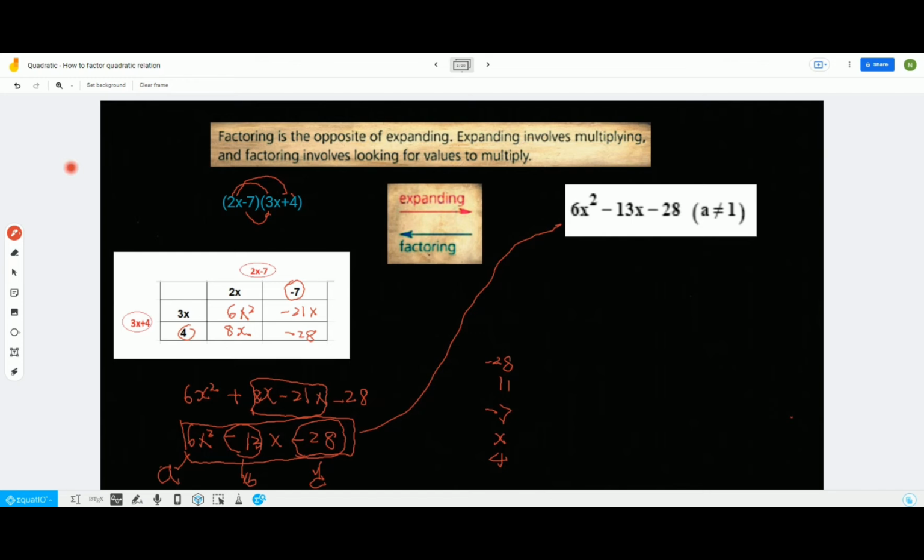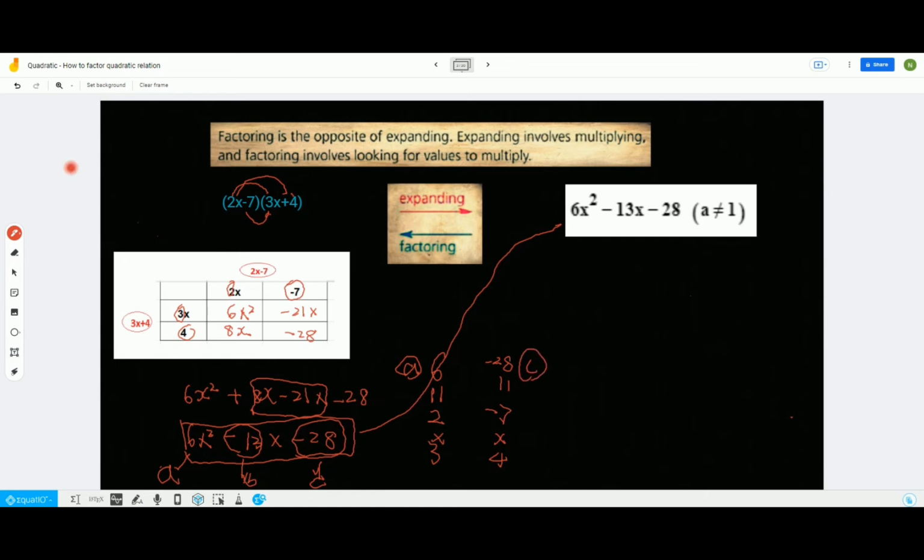For a equals 6, how do we get 6? It is 2 times 3. The 2x and the 3x are two factors, so their coefficients multiply together: 2 times 3 equals 6. So this is a, and this is c. How do we determine negative 13? That's b.